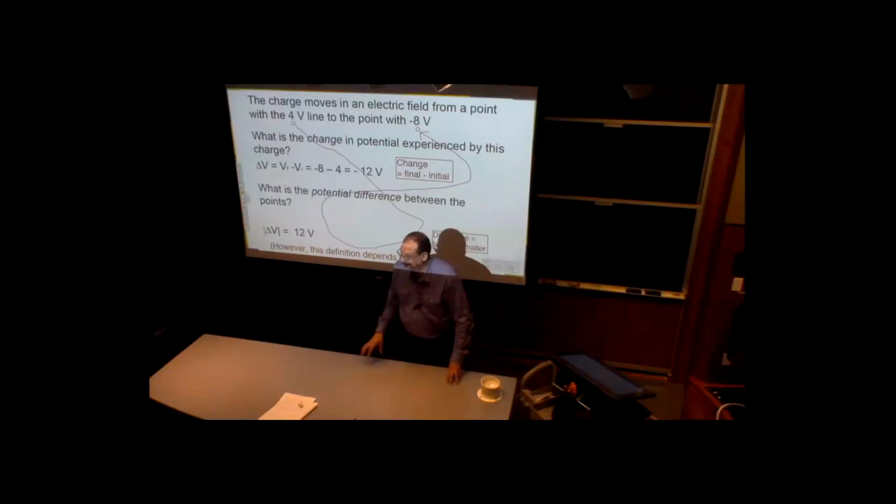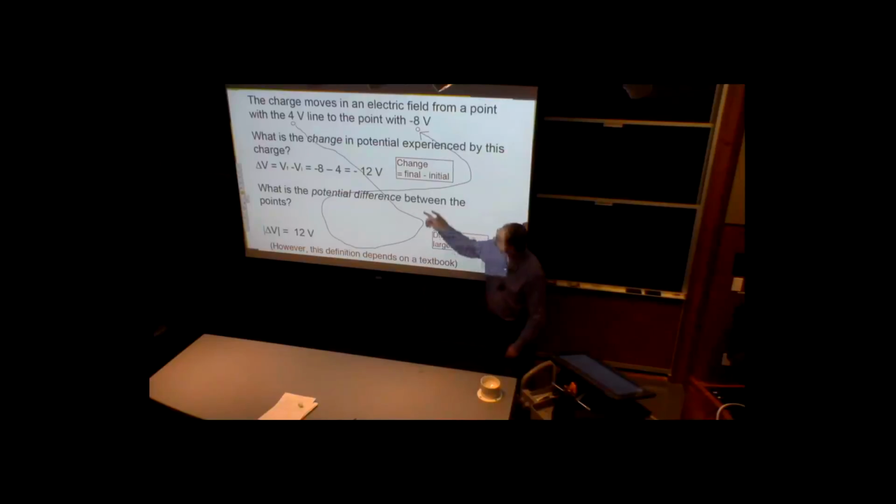Again, a note on terminology. In physics, when we say the word change, it always has exactly the same meaning. It's a difference between the final value and the initial value. In this example, we moved a charge from potential number 4 to potential number -8.